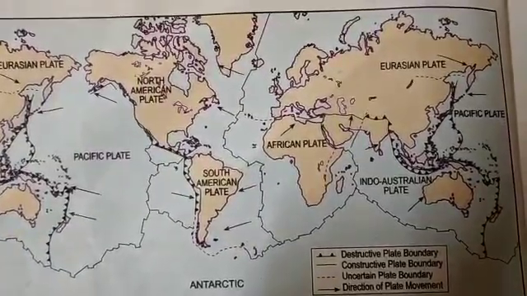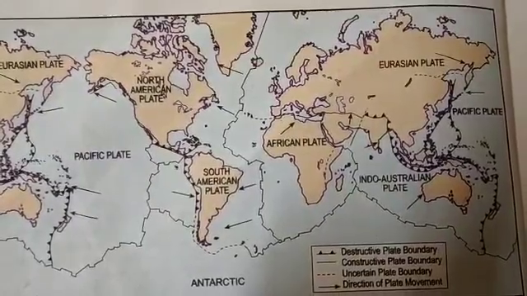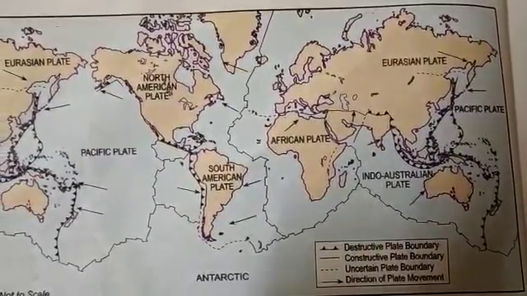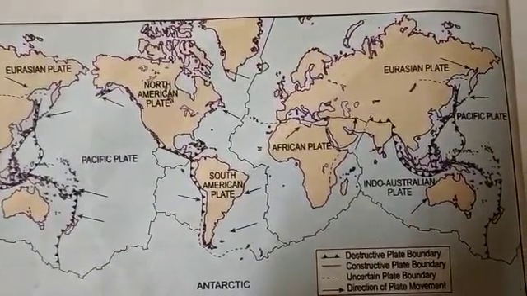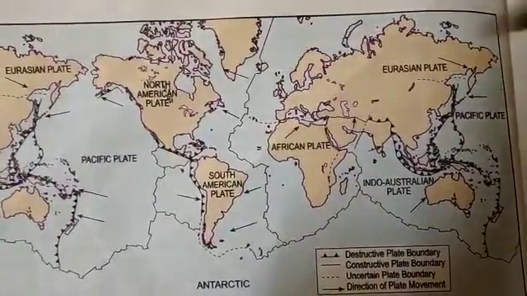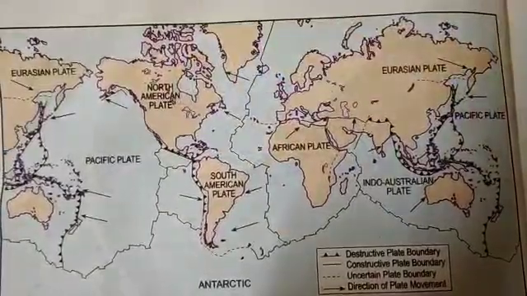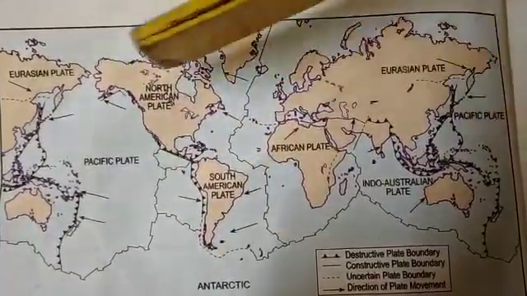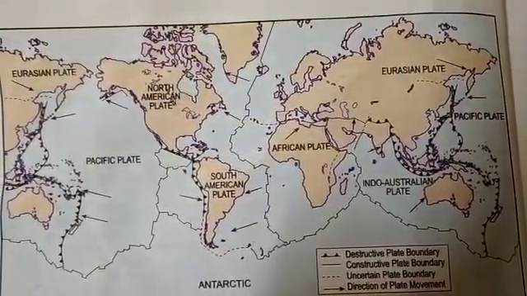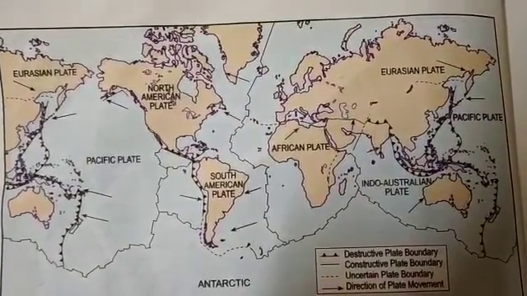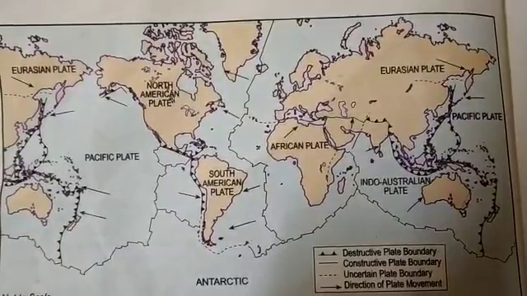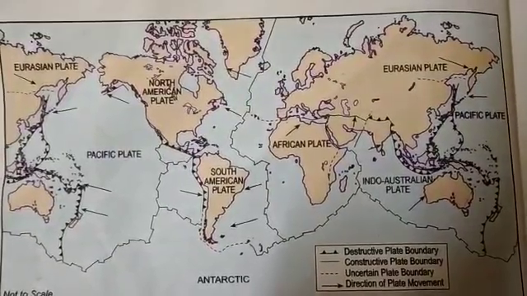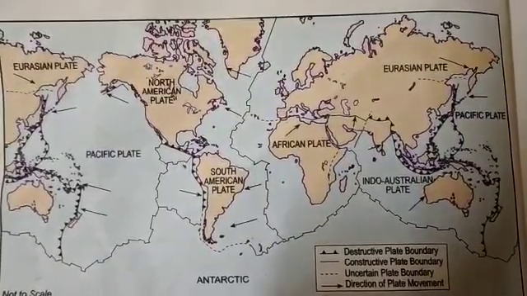Now the concept of plate tectonics was formulated in the 1960s. According to the theory, Earth has a rigid outer layer known as the lithosphere. This is all the upper part of the earth's crust, on which we live, the continents. The lithosphere is typically about 100 kilometers thick and overlies a partially molten layer called the asthenosphere.